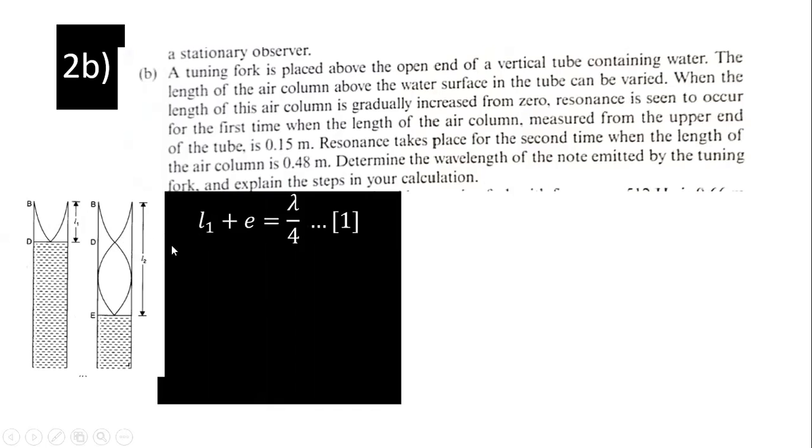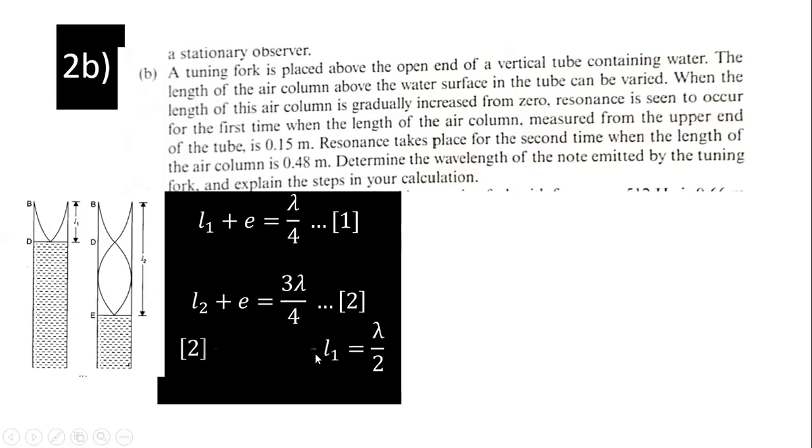There's an end correction there, because the antinode is above that. Let the wavelength be lambda, so it's quarter lambda. Then the next one, L2 plus your end correction slightly above that. This is 3/4. This is half plus another quarter. That's why you got 3/4 wavelength.